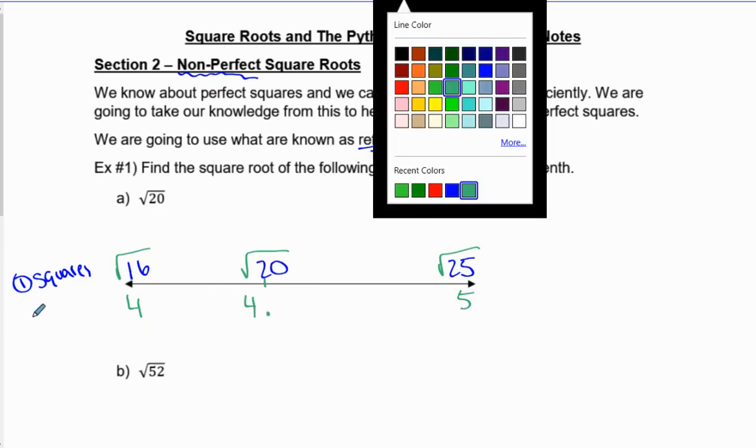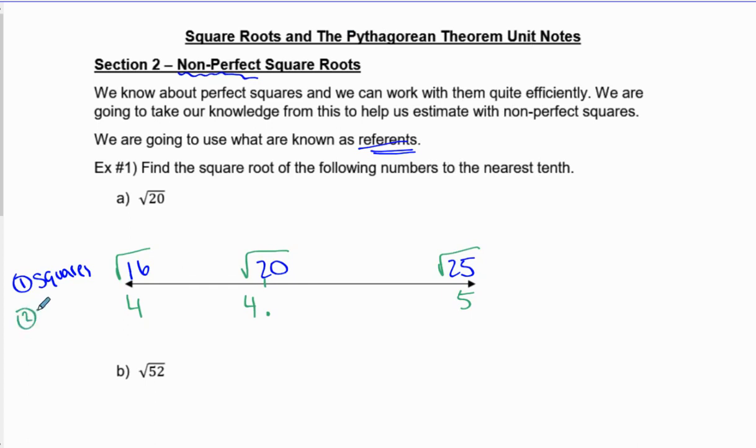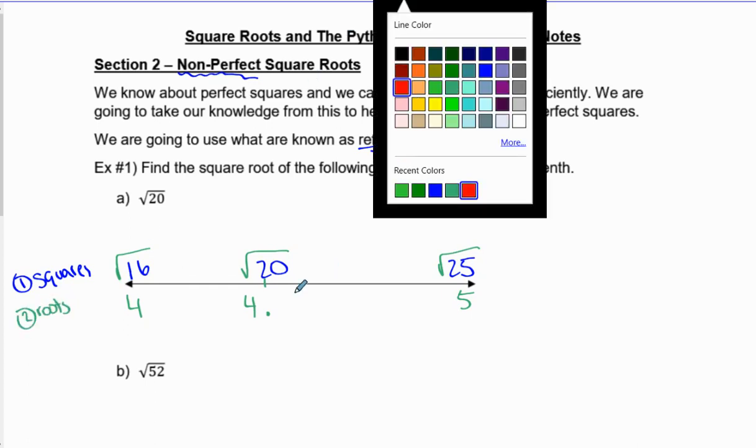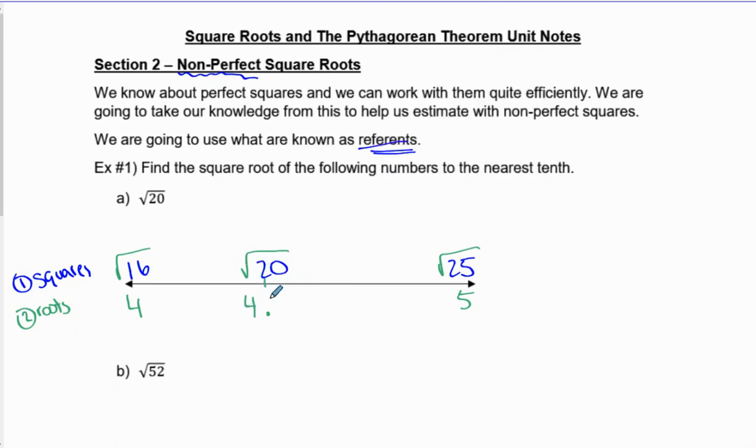It's probably like 4.3 or 4.4. It's not right in the middle of 16 and 25, so it won't be 4.5, but it's going to be somewhat closer to 4. To figure out which number it is, we're going to round to the nearest tenth.